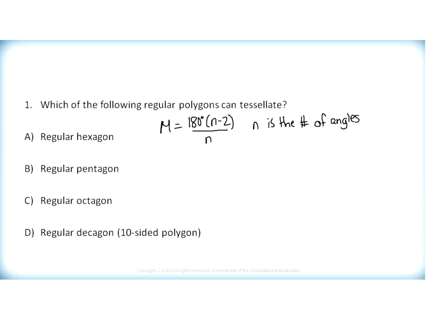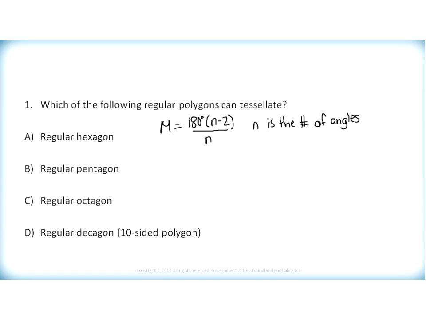So what we're going to have to do is find out what the measure of each interior angle is for the four shapes we have provided here. I'm going to do a sample calculation on one of them, and then I'm just going to calculate the rest of them off screen.